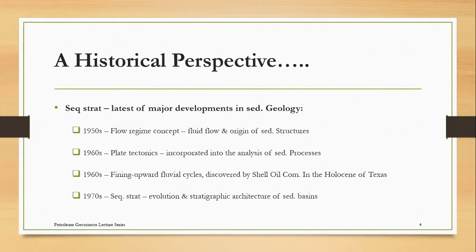And then in the 60s, plate tectonics evolved, and this was incorporated into the analysis of sedimentary processes. Also in the 60s, the finding of cyclic sedimentation that was discovered by Shell in the Holocene of Texas. And then what we are discussing today, sequence stratigraphy, evolved in the 70s, and this was used for the stratigraphic architecture of sedimentary beds.